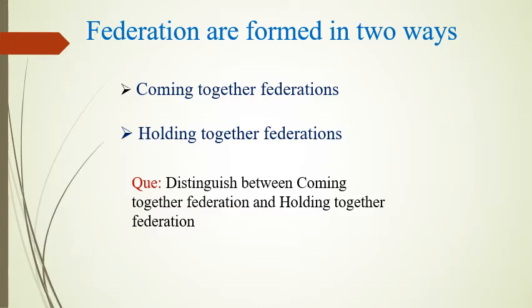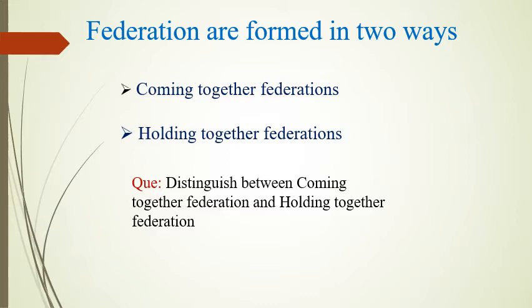They come together so that by pooling sovereignty and retaining identity, they can increase their security. This type of federation prevailed in the USA, Switzerland, and Australia. That means USA, Switzerland, and Australia are coming together federations.